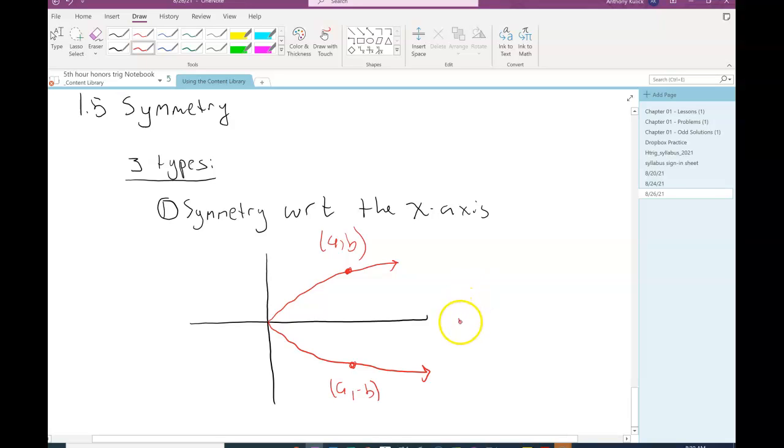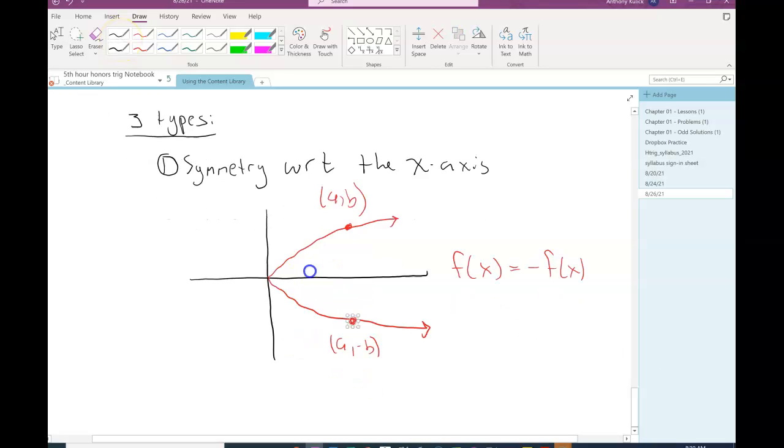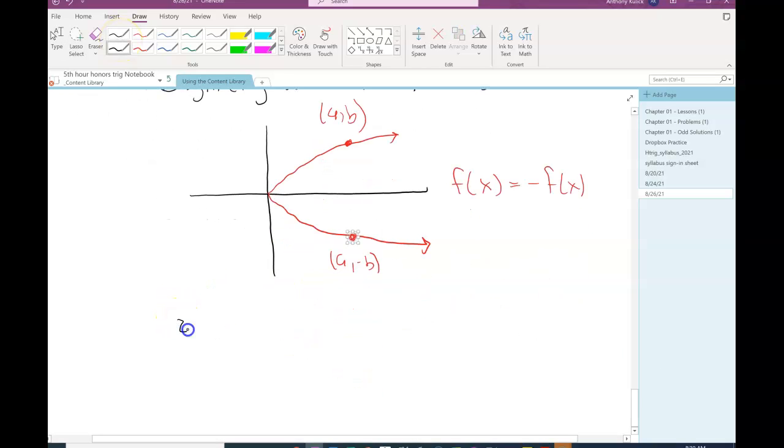In general, what we're saying is that f(x) has to equal negative f(x). Which is what we're seeing here, right? f(a) equals b and f(a) equals negative b. Is that okay with everybody? Okay. The next type of symmetry that we'll talk about is symmetry with respect to the y-axis.